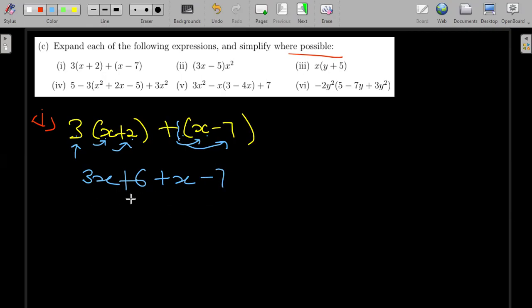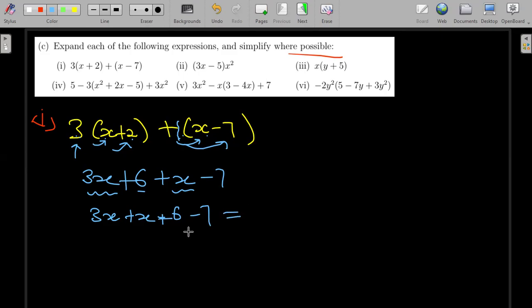Then from here, we have to group like terms. 3x and x are alike, so I'll say 3x plus x, and 6 and minus 7 are alike, so plus 6 and then minus 7.